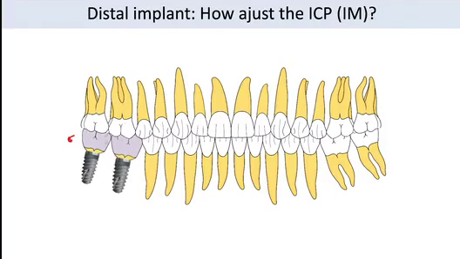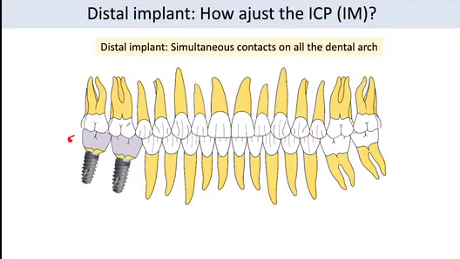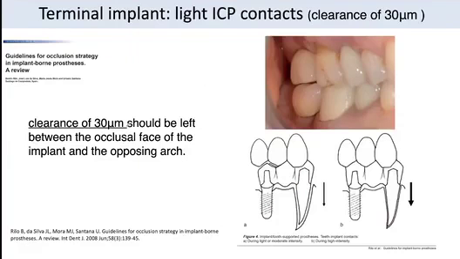With natural teeth, we say, okay, we adjust simultaneous contact with the antagonist natural teeth. No problem. But it is not what is described in the literature frequently.